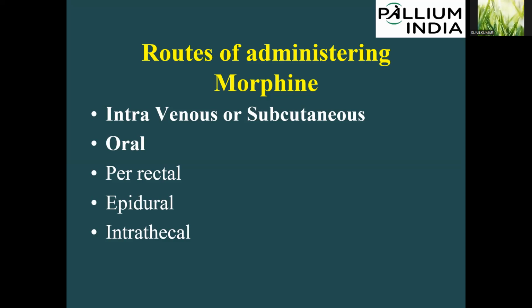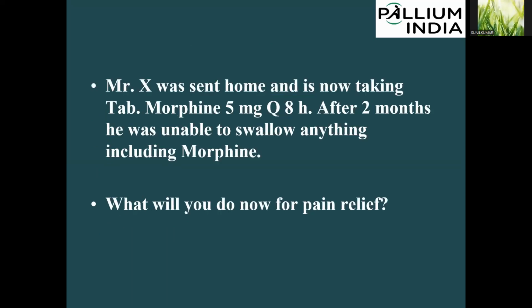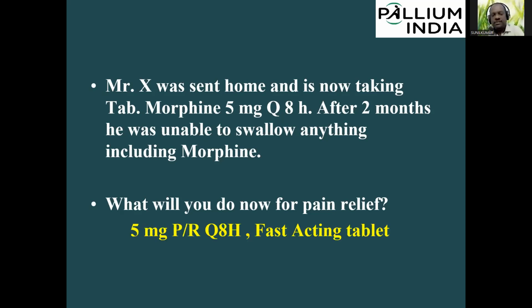The efficacy and duration of pain relief are the same as per oral morphine. So whatever dose you are giving orally can be given per rectally. So 5 milligram 8 hourly, this patient is having good pain relief orally, so you can give 5 milligram per rectally every 8 hourly.